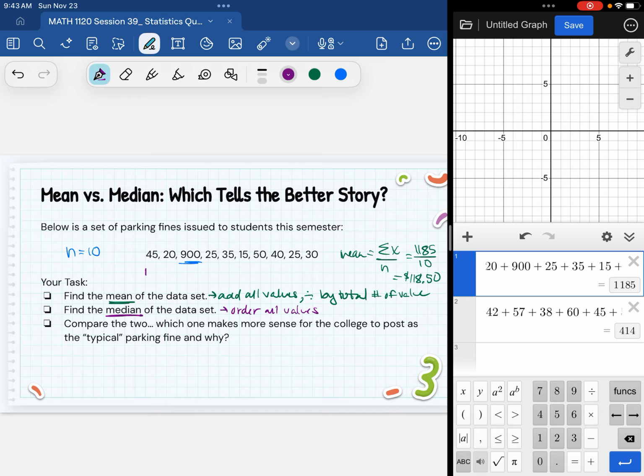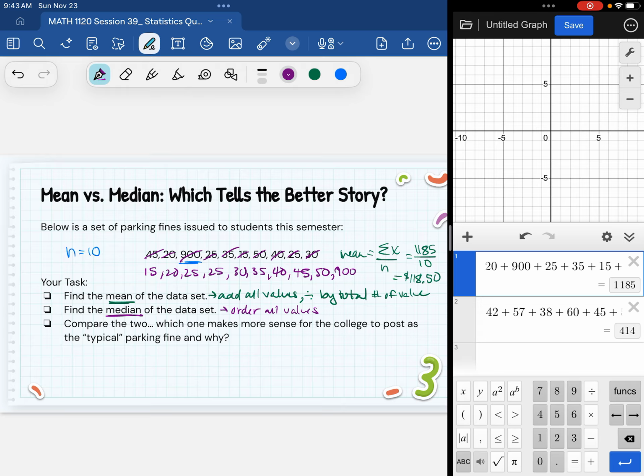Okay, so I see 15, 20, there's two 25s, a 30, 35, 40, 45, 50, got that. Okay, I'm crossing off as I go so I don't lose anything. And then the big one, 900.